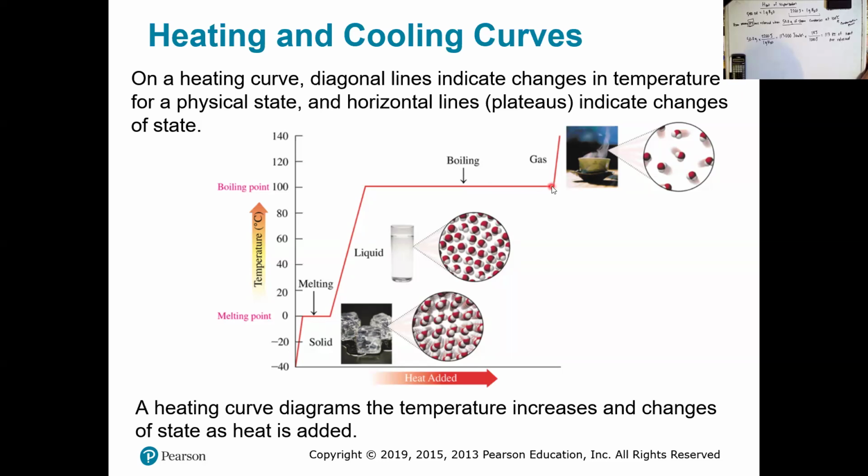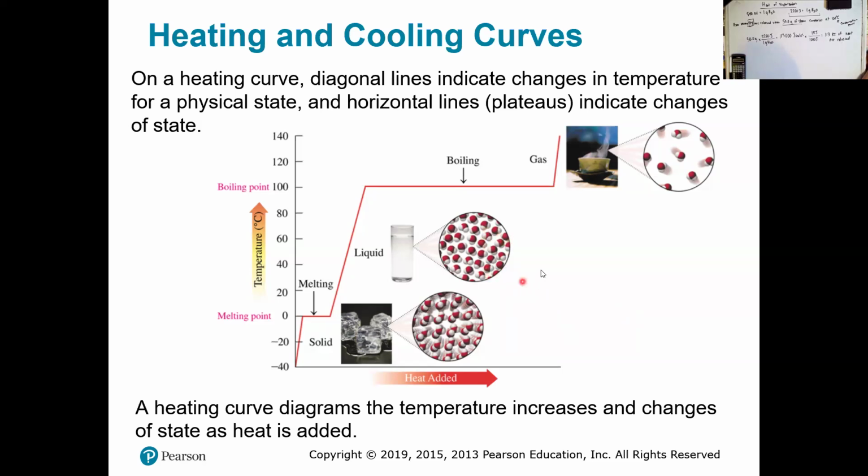And only at the point where all of our liquid water has turned into steam does the temperature of our steam start to increase up above 100 degrees Celsius. And now as we continue to add more heat, the temperature of our steam just gets higher and higher and higher. Okay. So there's two important sections of this heating curve.